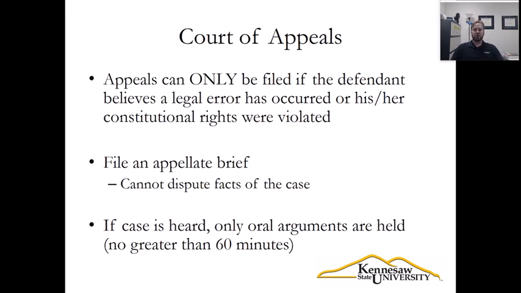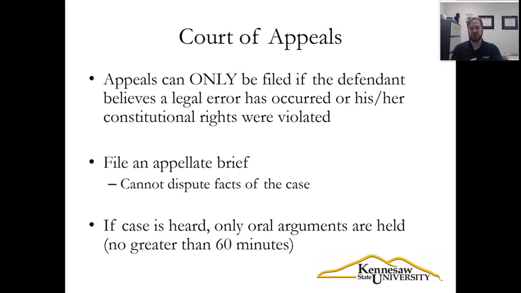So appeals can only be filed if the defendant believes that a legal error has occurred. And I touched on this before, and/or his constitutional rights were violated. So if you file an appeal, you don't get to argue the facts again. They are not going to care. The facts have already been decided. You file an appellate brief, saying that based upon these facts, either my constitutional rights were violated, or there's been some other sort of legal error.